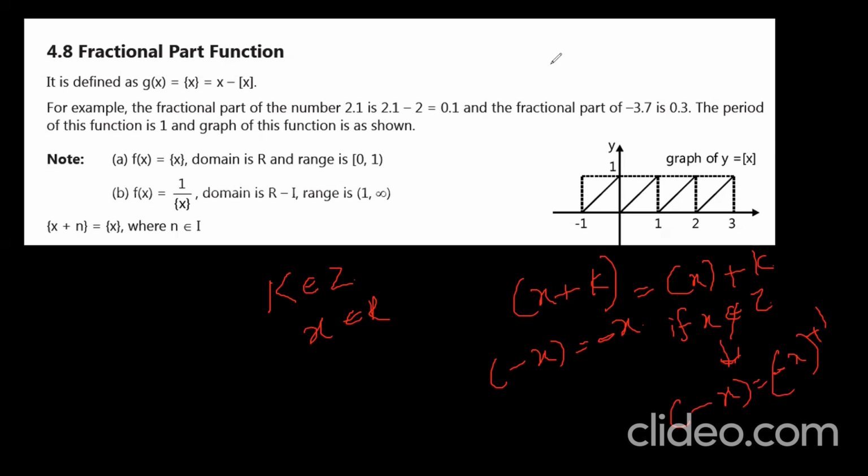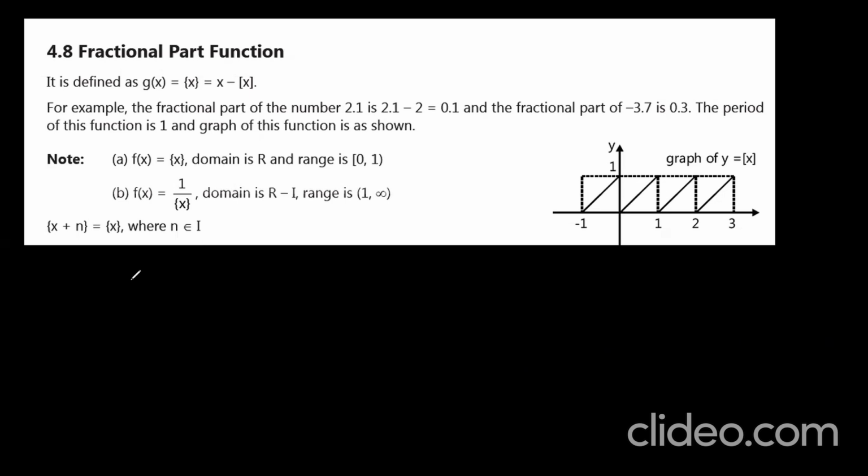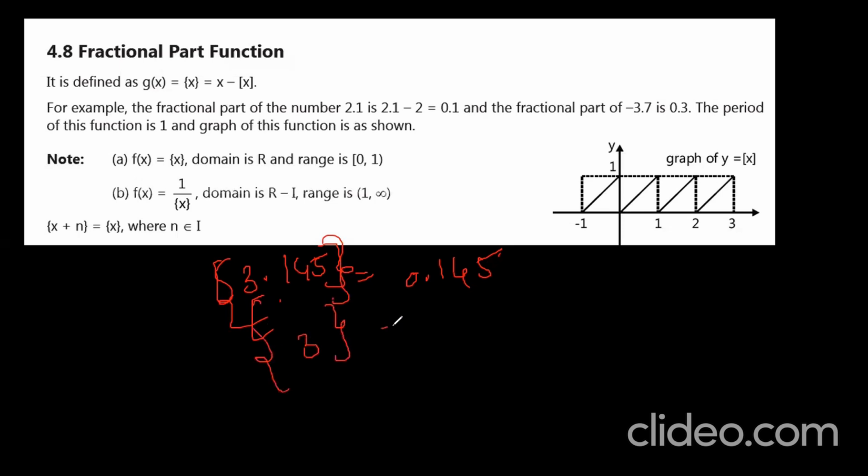In the fractional part of a function, I want to give one example here. Take the fractional part of 3.145; what will it be? 0.145. Suppose I am taking the fractional part of 3; it is going to be 0, since it is 3.0.